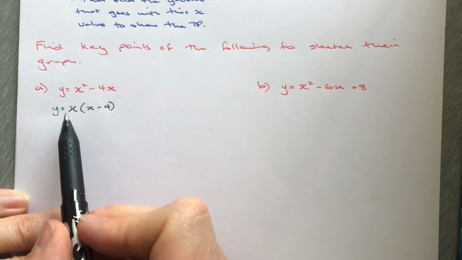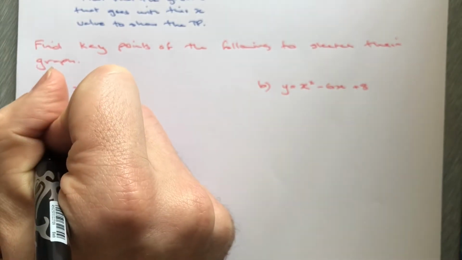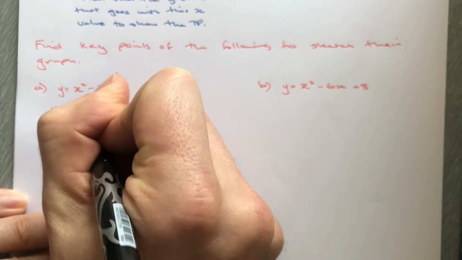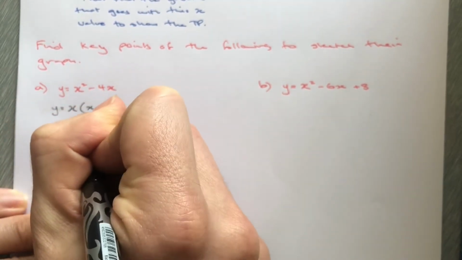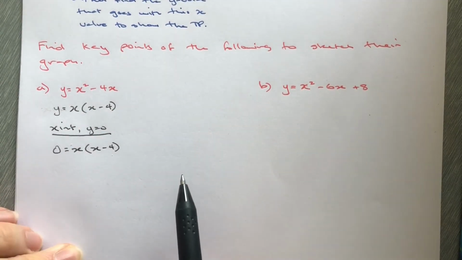Now, using null factor law, by making y equals 0, we can find the x-intercepts. So finding x-int, make y equals 0. So 0 equals x times x minus 4. Now hopefully remember solving these.